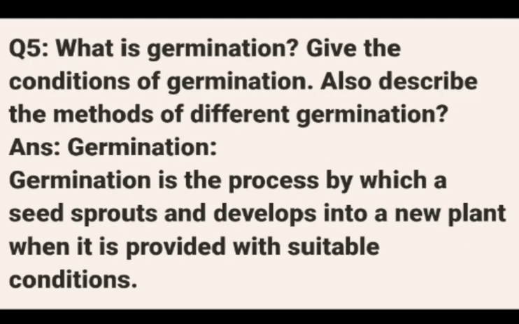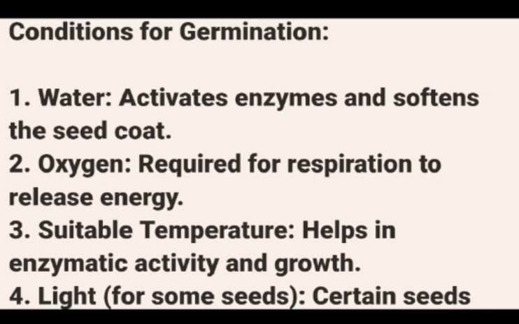Question number 5. What is germination? Give the conditions of germination. Also describe the methods of germination. So the answer is: germination is the process by which a seed sprouts and develops into a new plant when it is provided with suitable conditions. Conditions for germination: first is water, which activates enzymes and softens the seed coat.